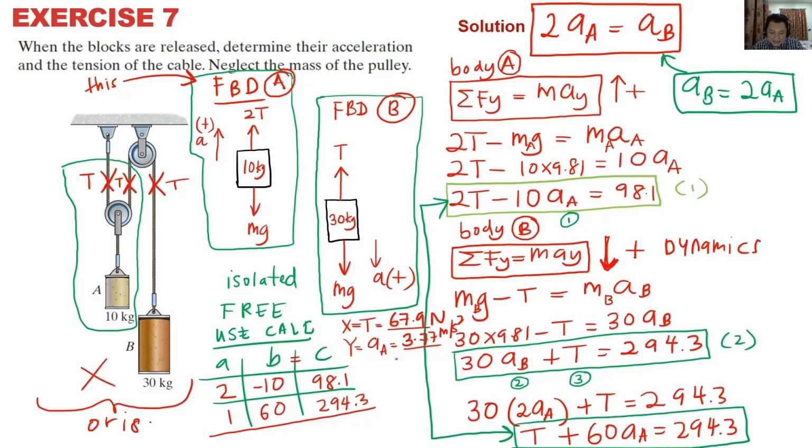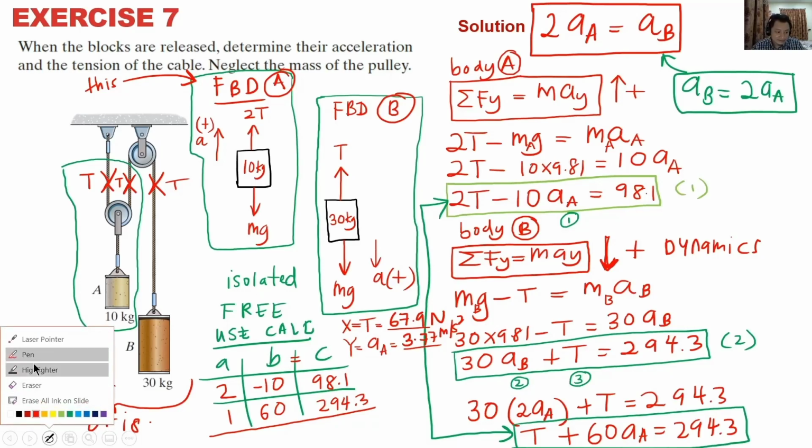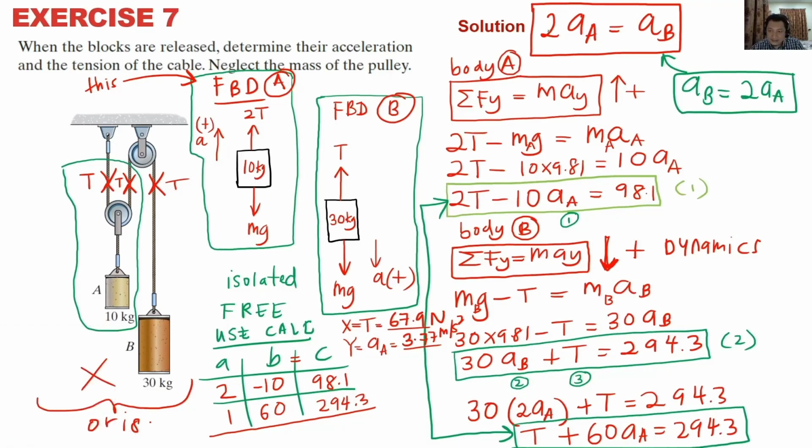So, since dapat this one, right? You got the answer. AA ke AB? AA. AA sama dengan 3.77 meter per second squared.